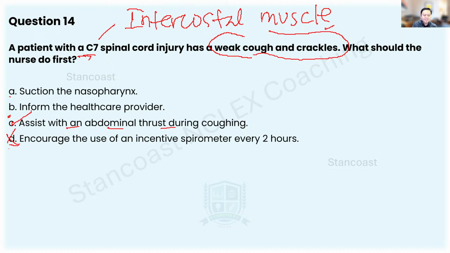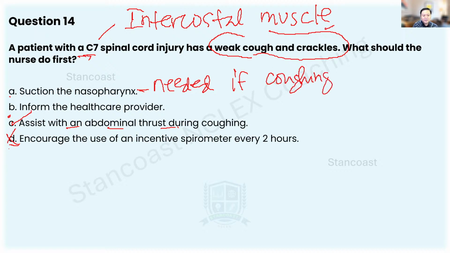All right, the correct answer is letter C. If you answered letter A, suctioning the nasopharynx, well, this is needed, right? If the coughing fails, you're going to need to do this.